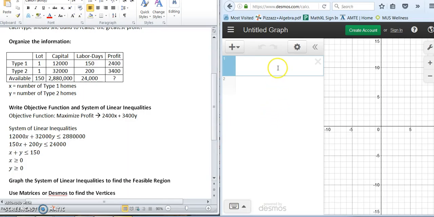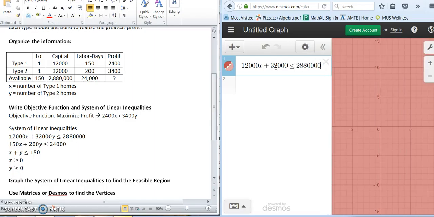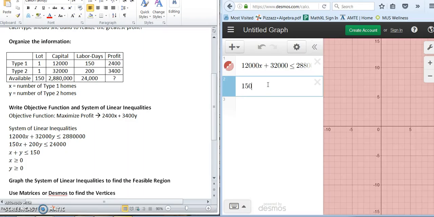So as you know, I've used the Desmos calculator before, and I would type in the different inequalities. In a bit, I'll have to zoom out so I can see the feasible region.